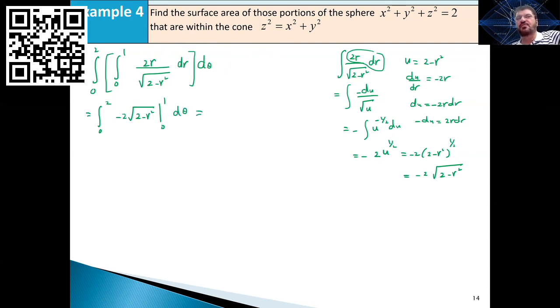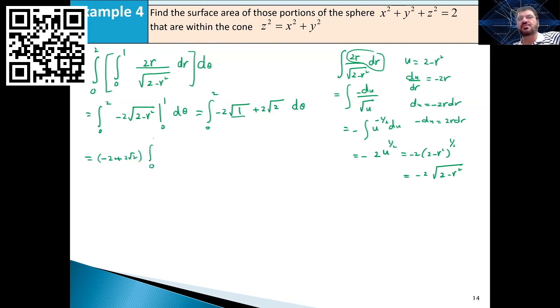Now let's plug in the limits for r, guys. So what is this going to be? The integration from 0 to 2 pi of negative 2 square root; if I put 1 here, 2 minus 1 is 1. Minus and minus becomes plus 2 square root of 2; put the 0, you get 2. All of this d theta. So minus 2 times 1 is minus 2, plus 2 root 2. All of this goes out.